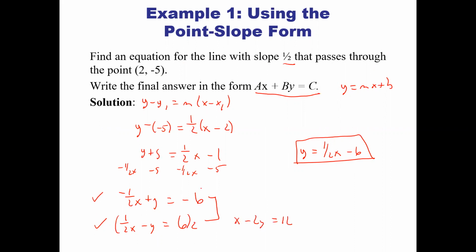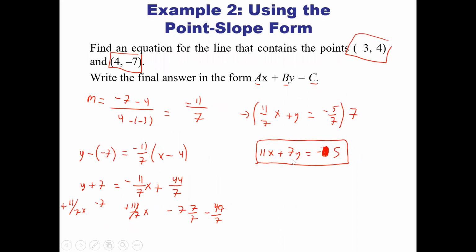Or in this case, if we multiplied this by 2, that would give us negative x plus 2y equals negative 12. So these would be the more correct answers. These would also be good answers. If you did it on a test in class, it'd be this way. Probably if you're online, this would be the way they'd want it in the homework section. So again, this would probably be the most correct answer when we use the whole numbers A, B, and C.